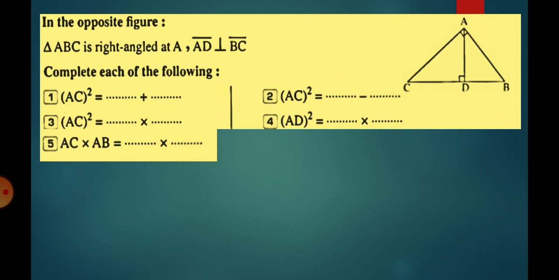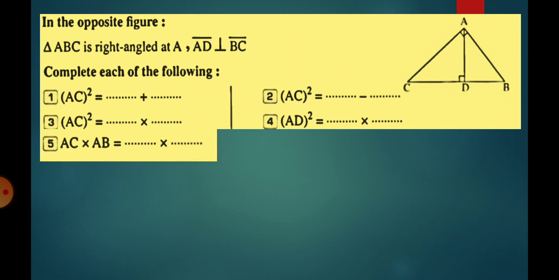In the opposite figure, complete. Number 1: AC power 2 equals space plus space. Here plus or minus means we use Pythagoras theorem. Plus means AC is the hypotenuse.